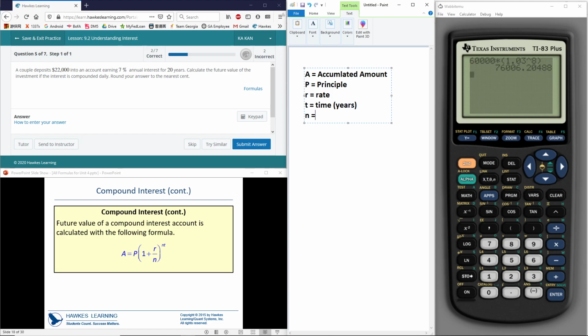What's N? N equals the compound interval. So how often do you compound the interest?